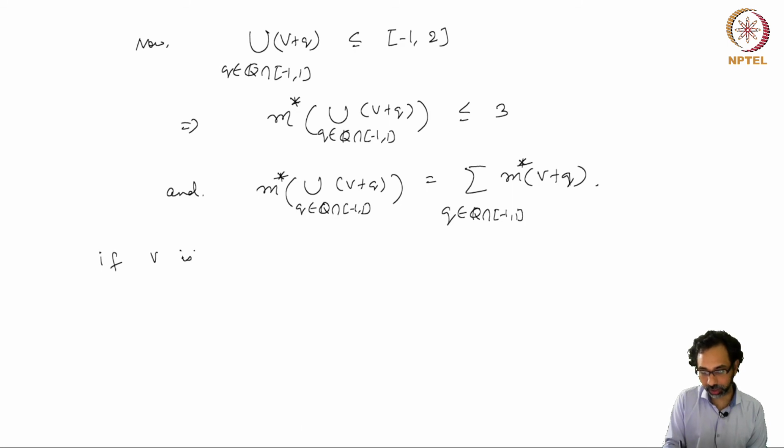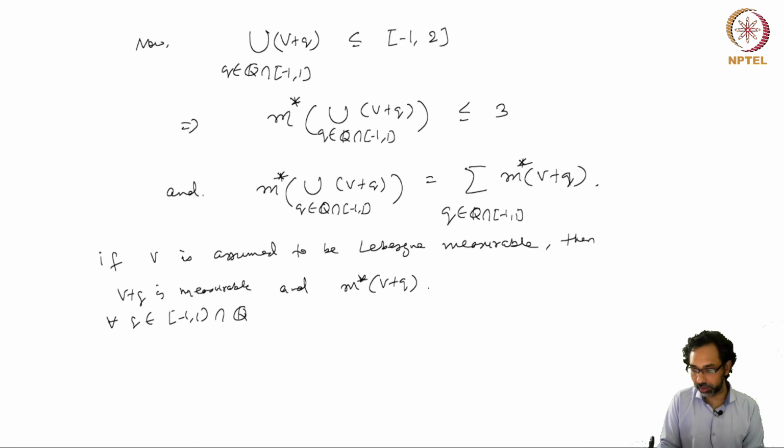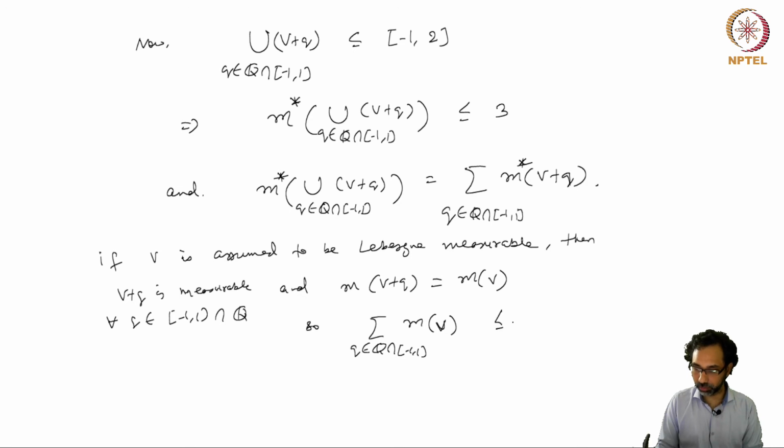So if V is assumed to be Lebesgue measurable, then V plus q is measurable for all q in [-1, 1] intersection Q, and the measure of V plus q, now I am removing the star because it is a Lebesgue measure, is the same as the measure of V. So we have that the sum over q in [-1, 1] of m(V) is less than or equal to 3, which implies that the measure of V must be equal to 0, because if it is positive then the sum is going to be infinite.